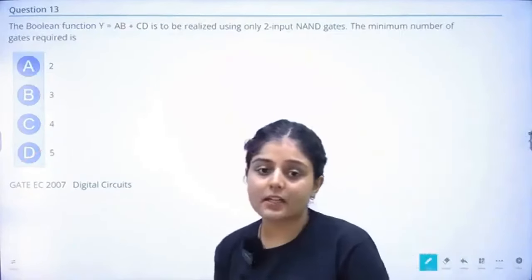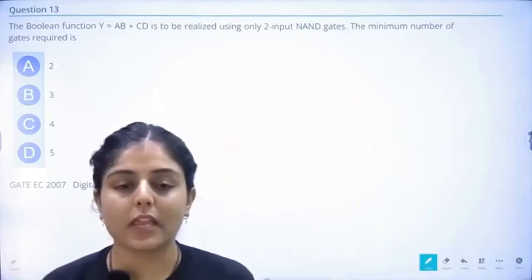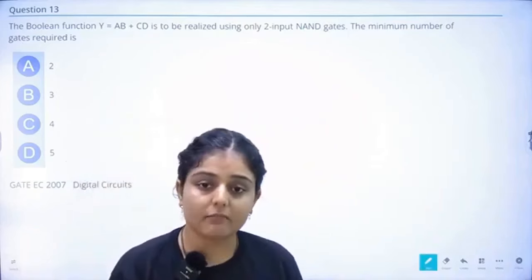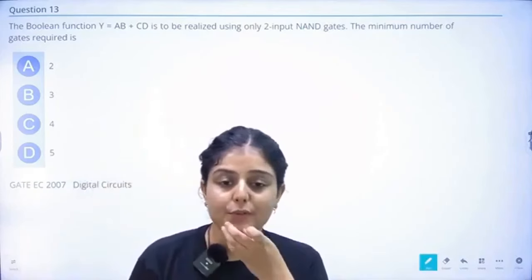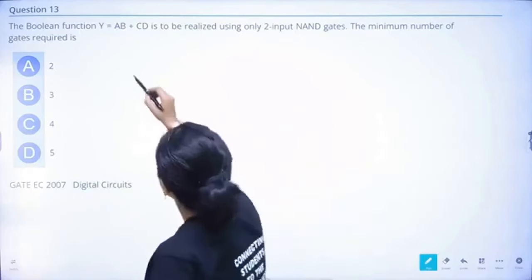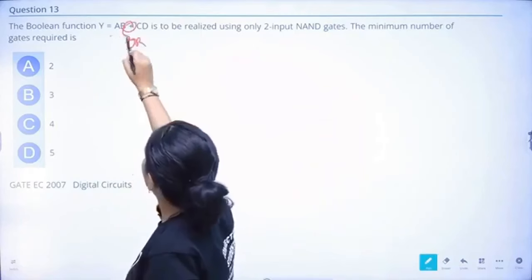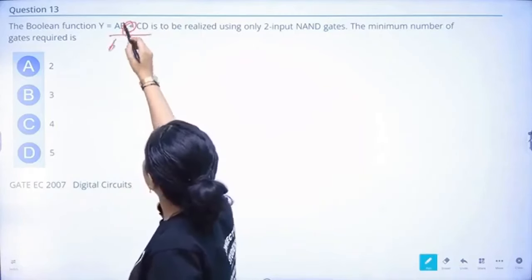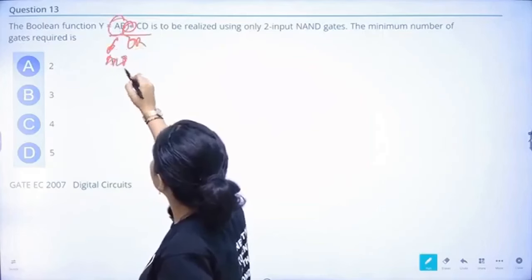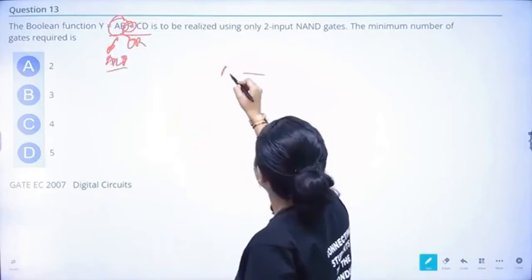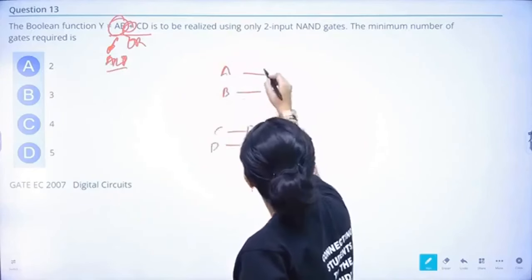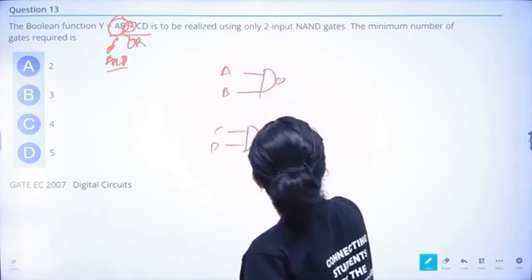Next question. The Boolean expression y is equal to AB plus CD. We have to realize it using AND gates and OR gates. The minimum number of gates required should be what? Now you see the OR gate, and for this we take AND gates.